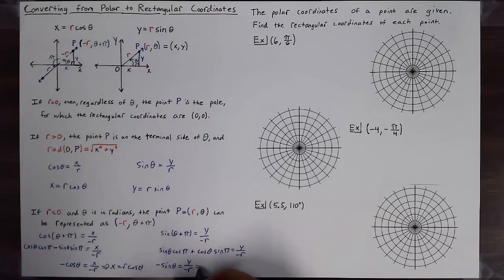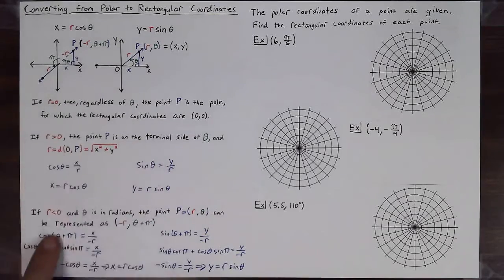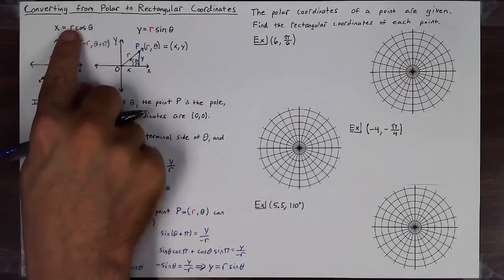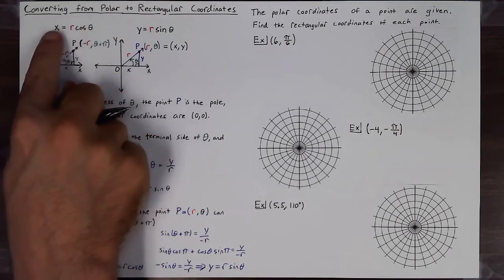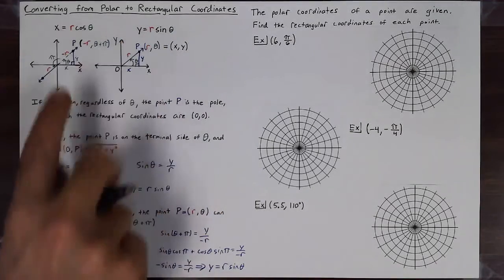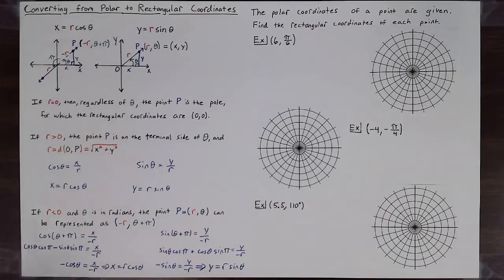And again, y would just equal r sine of theta. So either way, no matter what the radius is, I can use this formula. Even up here, if r was 0, that would be 0 times cosine, so x is equal to 0 and y is equal to 0. So I can use these formulas no matter what the radius is and no matter what the angle is.